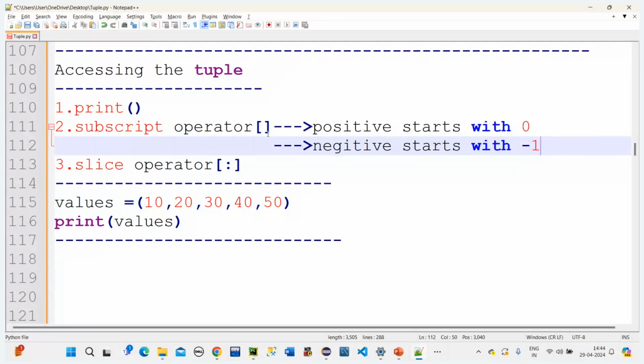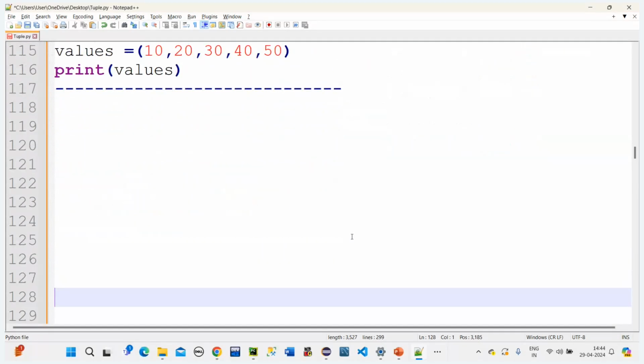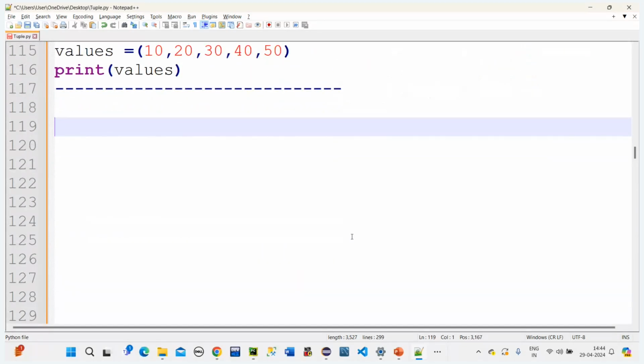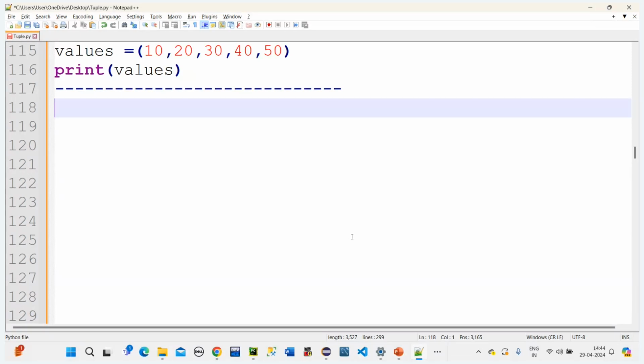Now, for example, the first one is done. Now let's access by the subscript operator. My num is equal to 10, 20, 30, 40, 50.